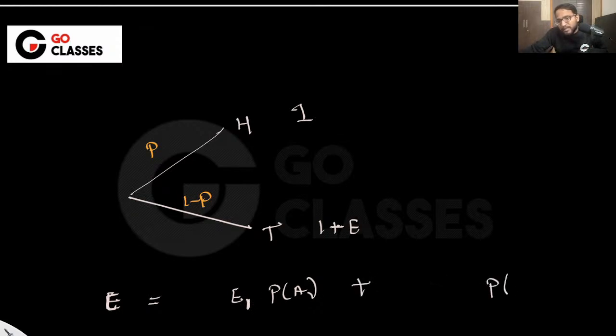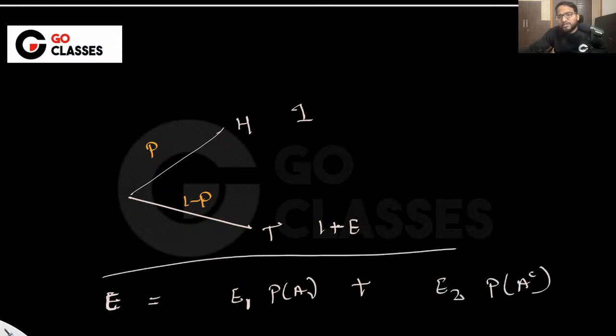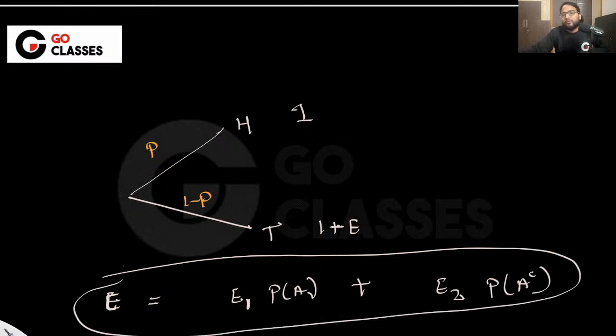So with probability p you will be getting head. With probability 1 minus p you will be getting tail. There is a formula that says the expectation of any random variable is equal to the probability of some event A happening times the expectation if that event happens, plus the probability that it doesn't happen times the expectation in that case. This is called the total rule of expectation.